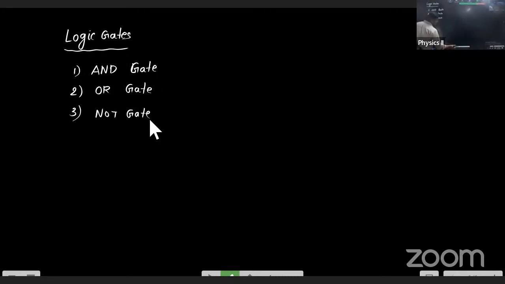Why do we use the AND gate? We use the AND gate for performing multiplications, and we use the OR gate for performing addition operations. Similarly, the NOT gate is also called the inversion gate.